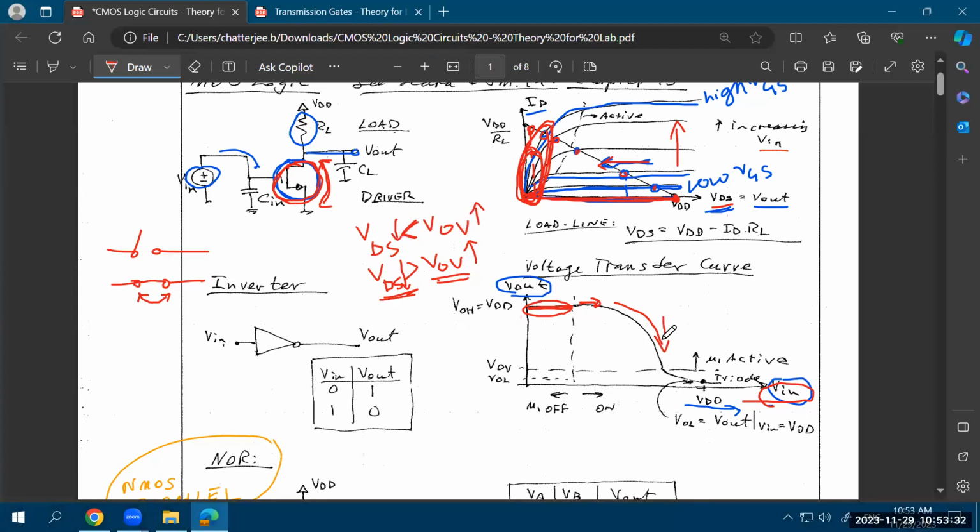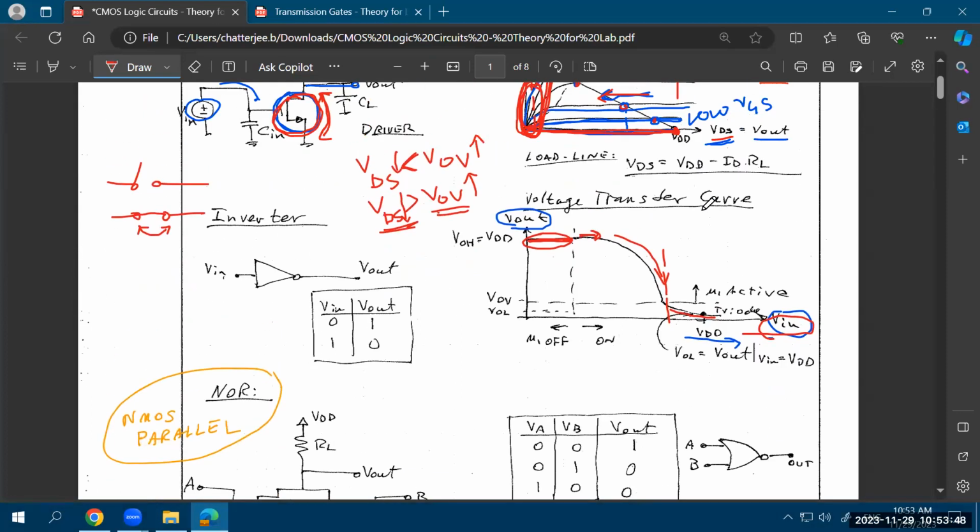And that's the point when you will enter the triode region, which is after this point. So that's again a graphical explanation of how your VTC is found from the characteristic of the MOSFET and the load line. Okay, so that's about digital versus analog.